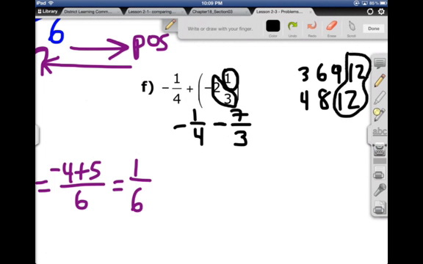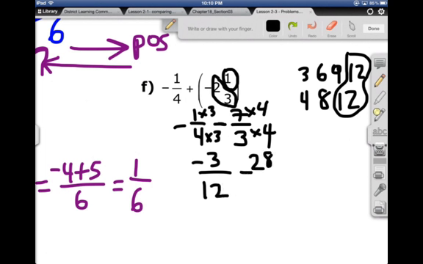It's not that you couldn't go to 24, but you just would have to reduce your fractions if you went that far. Let's save time and just go to the lowest common multiple. That's less work. Negative 3/12 minus 28 over 12 is negative 31 over 12.